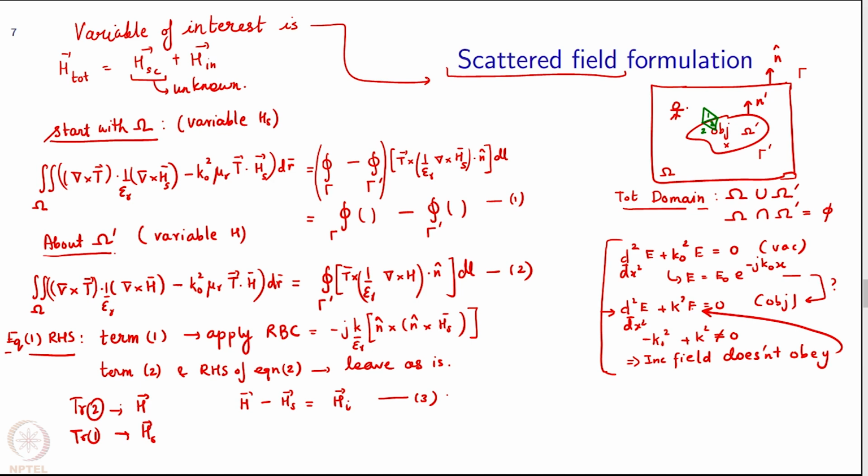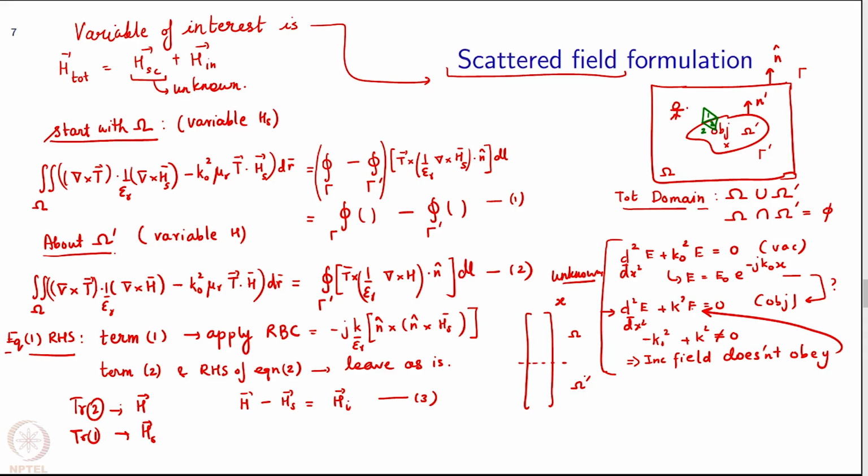If we go about it in a slightly lengthier way, but easier to understand, let us say this is my column vector x of unknowns. I can break up x as edges from omega and edges from omega prime. But there are some edges that are common.